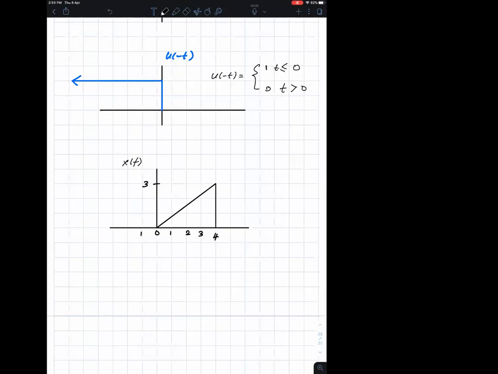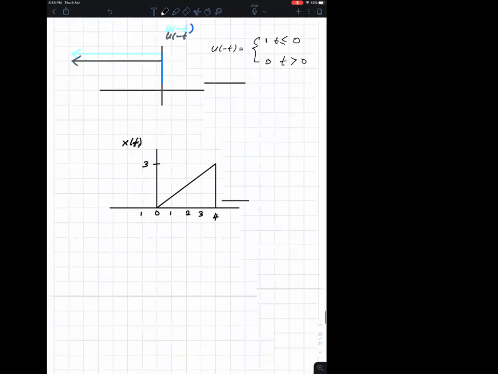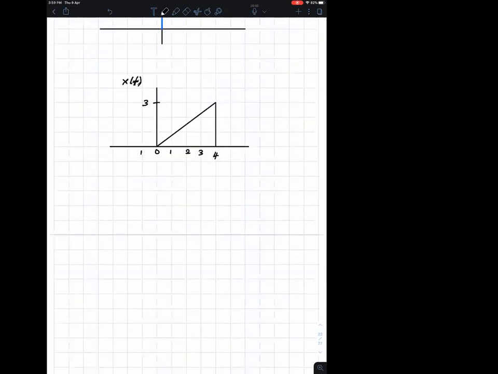So let's say this is a signal x of t given. How does x of minus t look like?